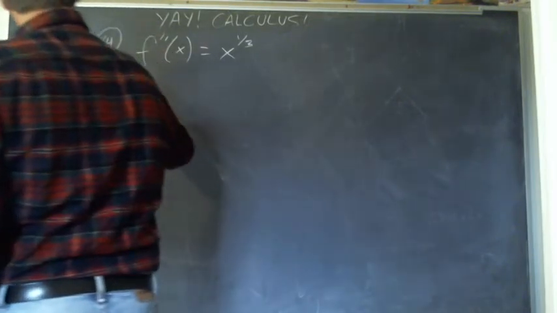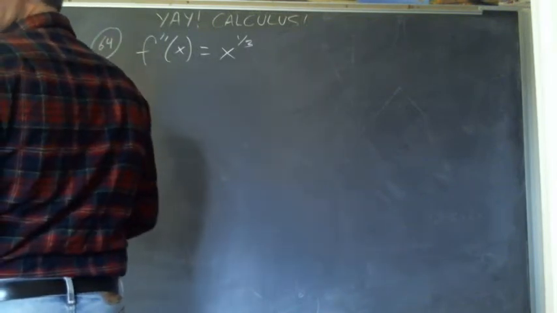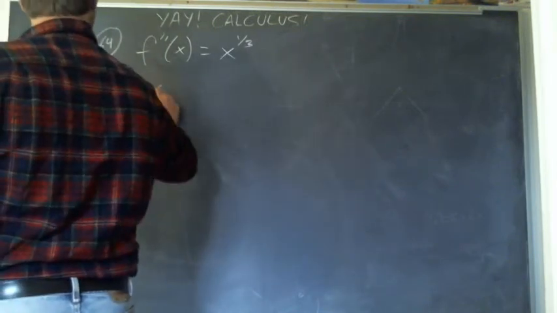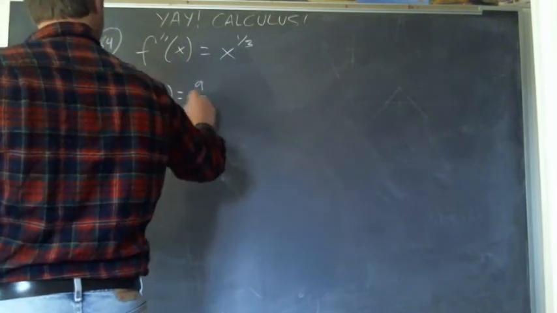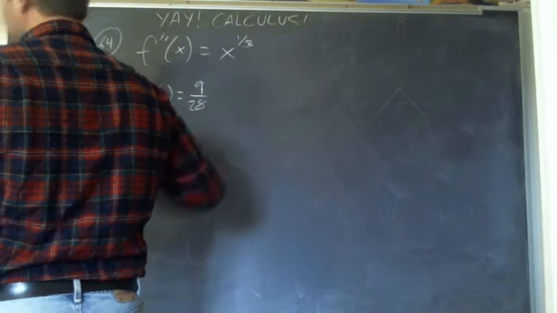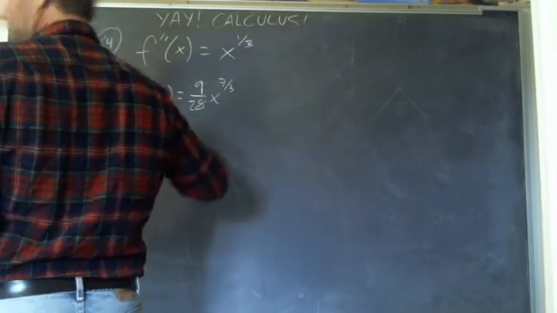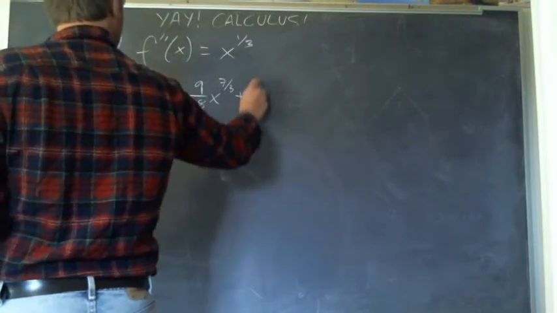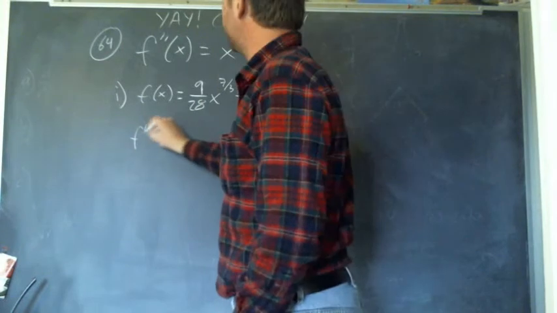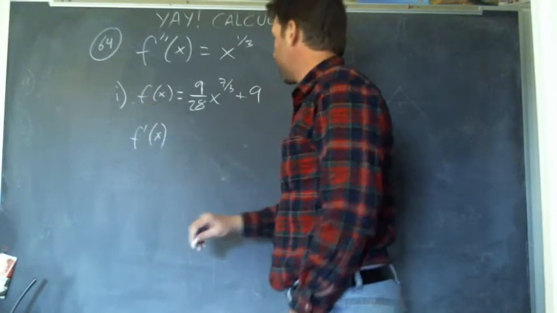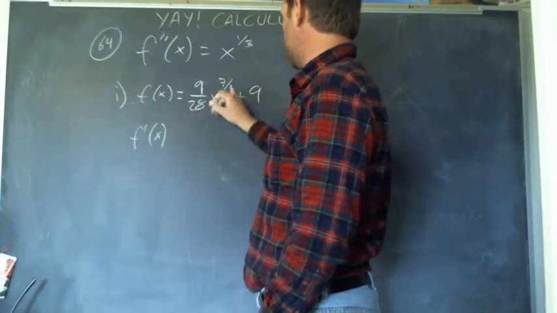In number one, f of x equals 9/28 x to the 7/3 plus 9. So if we go ahead and take our first derivative, 7/3 times 9/28, that goes to 3/4.